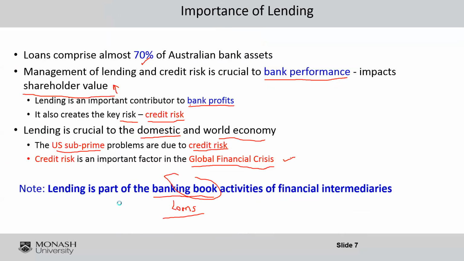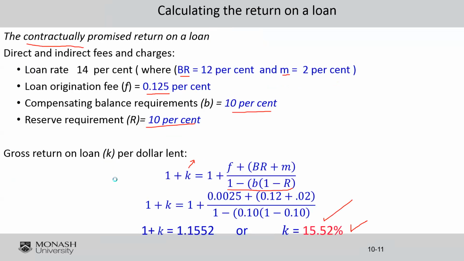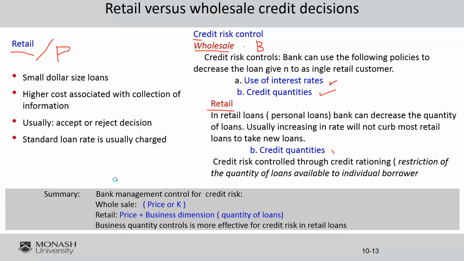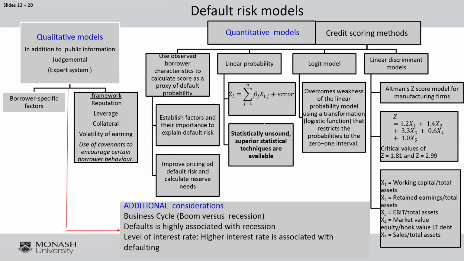Under the quantitative we have the linear probability model, and we have the logit model. And all of them are credit scoring; credit scoring I will explain in a while. So actually we have three models here.